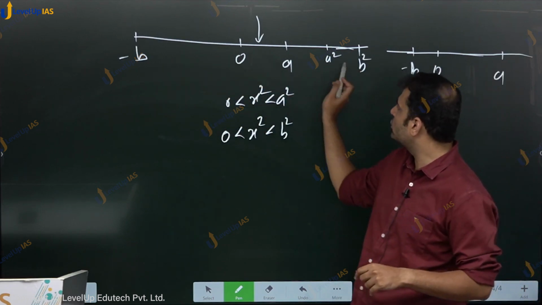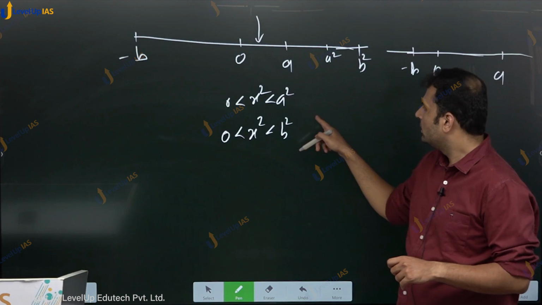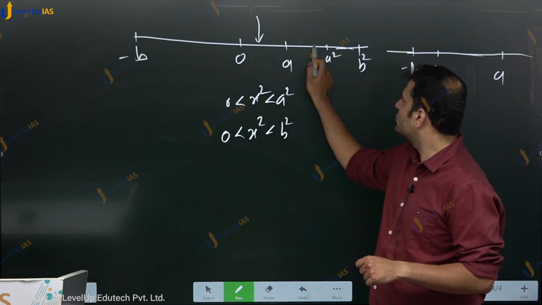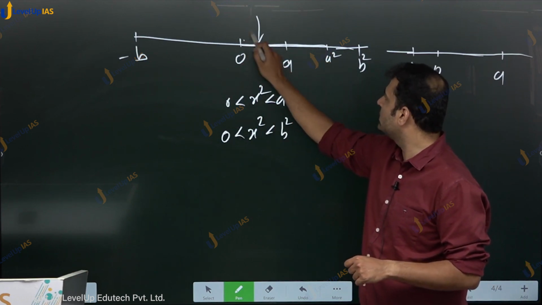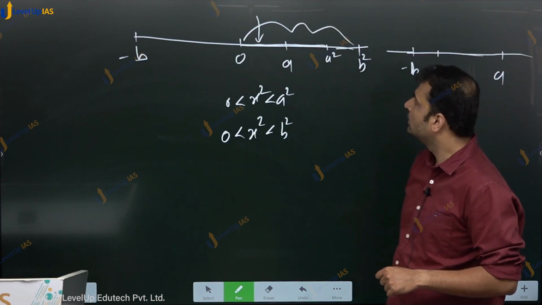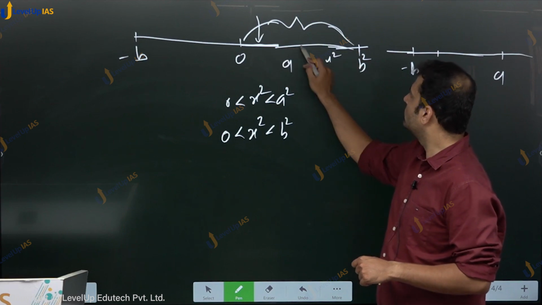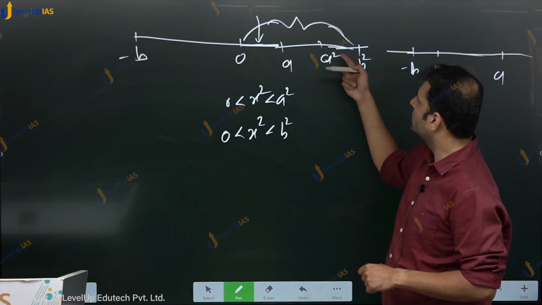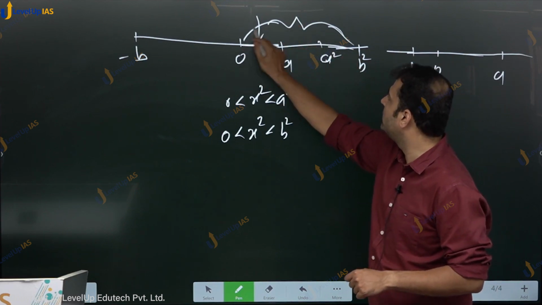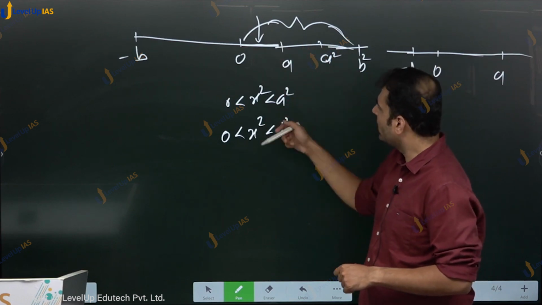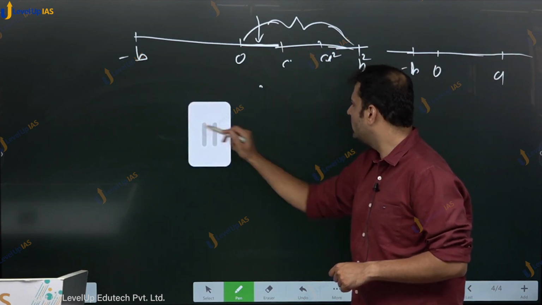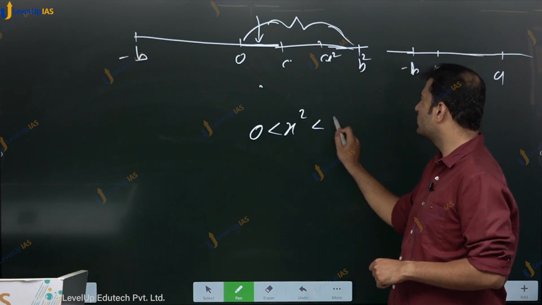So if you look at it closely, this 0 to a square part is already included in 0 to b square, right? That is already part of 0 to b square or not? 0 to a square is already included in 0 to b square. So the actual range is this only, 0 less than x square less than b square.